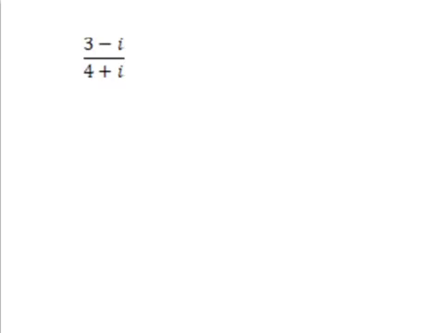Alright. Last problem. So with this one here, I'm going to multiply by my conjugate. I would suggest trying this one and then watching the video now that you just watched the last one. I'm going to multiply by 4 minus i. And I'm going to get, let's see here, 3 minus i times 4 minus i.